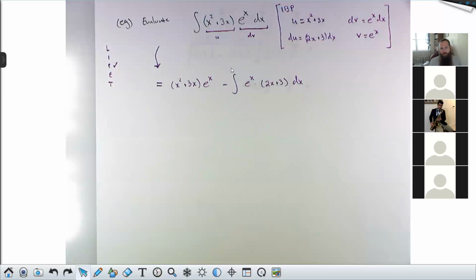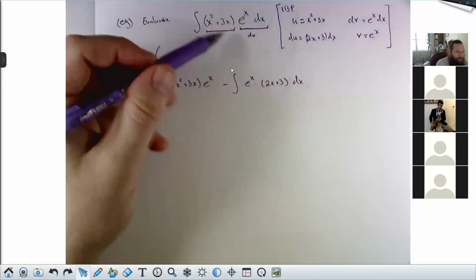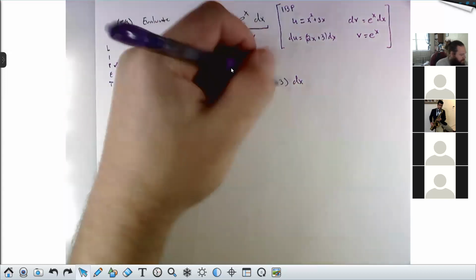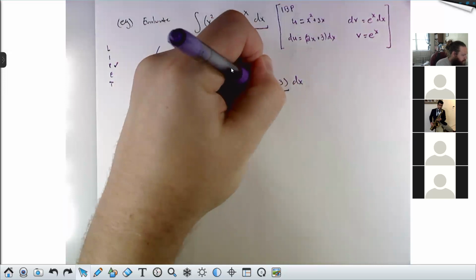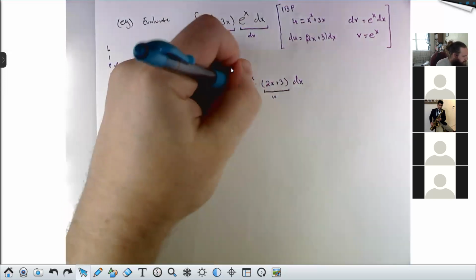How do you think I should proceed from here? Another IBP for 2x plus 3. Yeah, very good. So the same ethos applies. This is a polynomial times an exponential. So I'll pick this piece to be u and everything else to be dv.